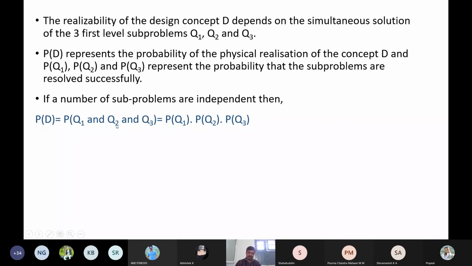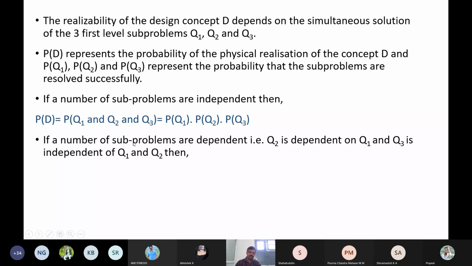Since you have to solve all the three, you should use the multiplication rule. If all three are independent, then P of Q1 into P of Q2 into P of Q3. This is the equation. If the subproblems are dependent, there must be a condition of which subproblem is dependent on which.